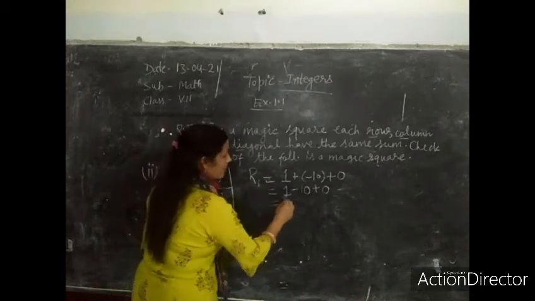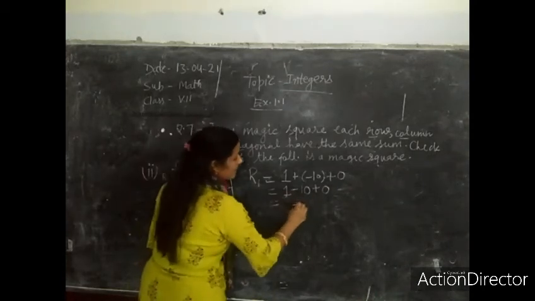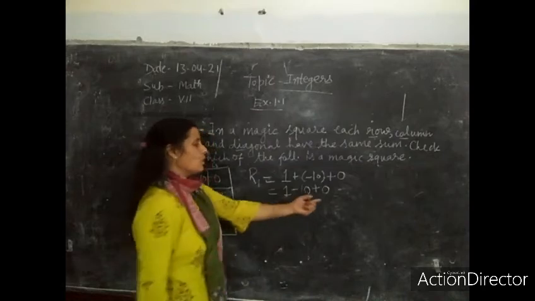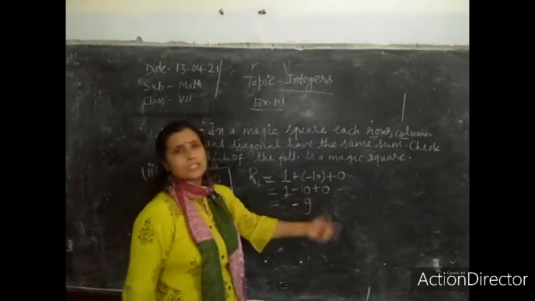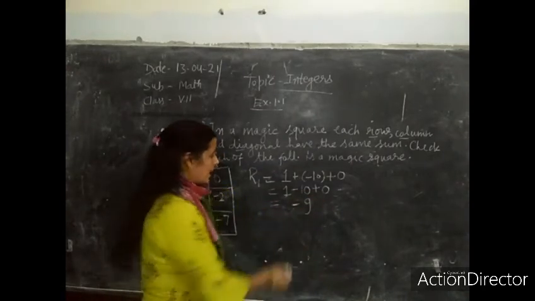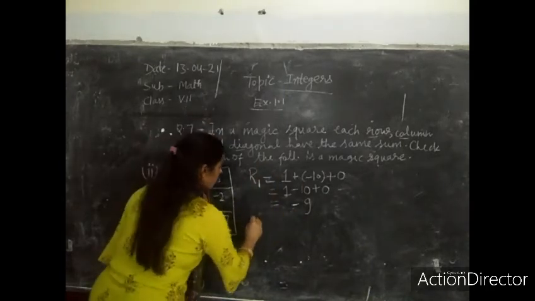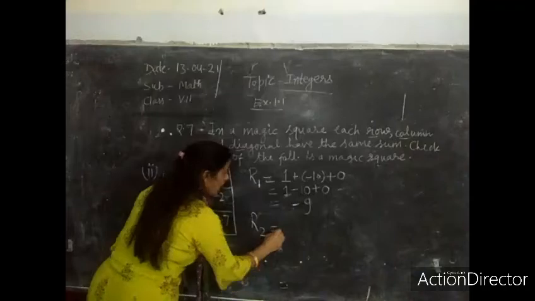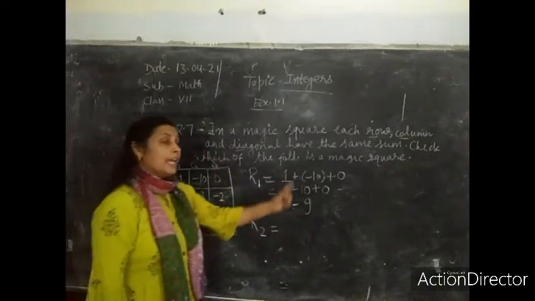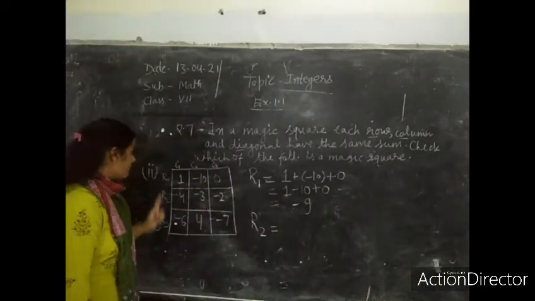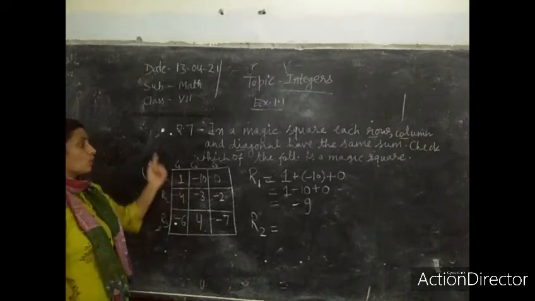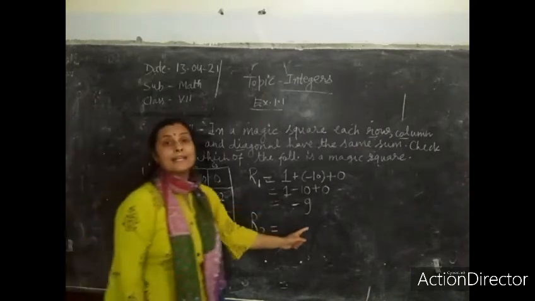Okay? So I am writing here 1 minus 10 will become minus 9. There is no need to write 0 because minus 9 plus 0 equals minus 9. Okay. So our R1 is minus 9. Now R2. Then you can see if the sum of every row and column including diagonal will be minus 9.